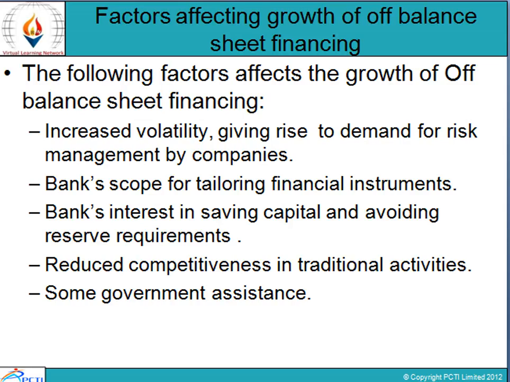Fourth is there is a lot of reduction in the competitiveness in various traditional activities. So there is a growth of off-balance sheet financing. The last is there is a lot of government assistance which is coming up, in the form of US government sponsorships. And these sponsorships are basically of the securitized mortgage markets.